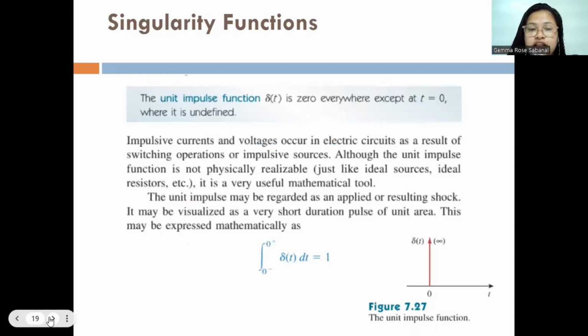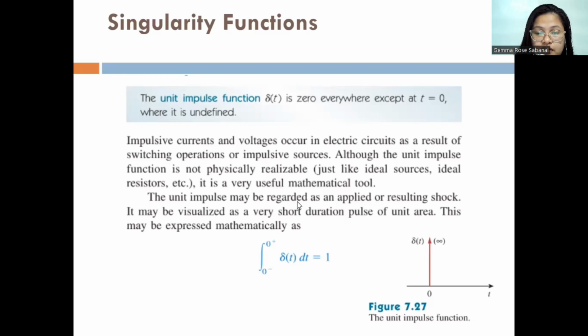Next is the unit impulse function. It is 0 everywhere except at t equal to 0, where it is undefined. Impulse currents and voltages occur in electric circuits as a result of switching operations or impulsive sources. Although the unit impulse function is not physically realizable, just like ideal sources and ideal resistors, it is a very useful mathematical tool.